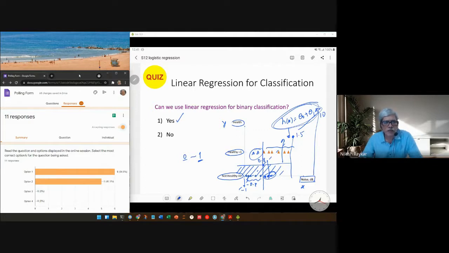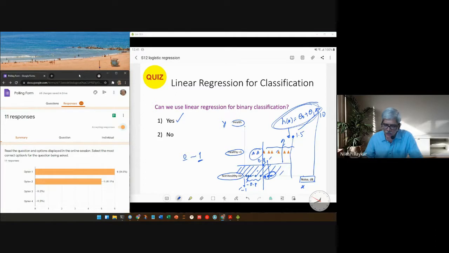For every sample, the value should be between 0 and 1. One would say it should be a discrete value, either 0 or 1, but even if it is between 0 and 1, that is okay, because we can again use the same logic: if the value of the hypothesis is between 0.5 and 1, then it is 1, and below 0.5 it is 0.